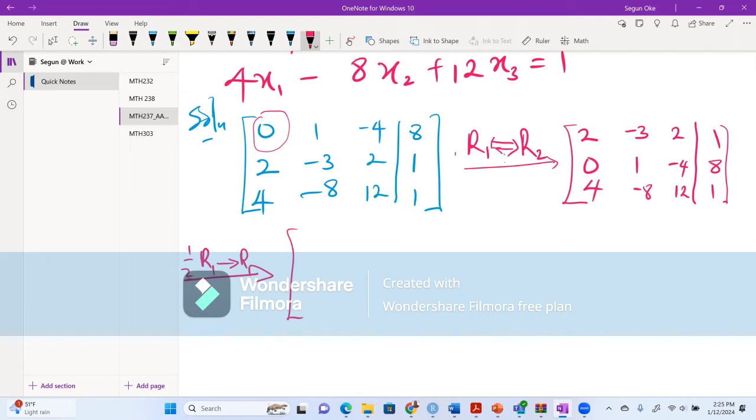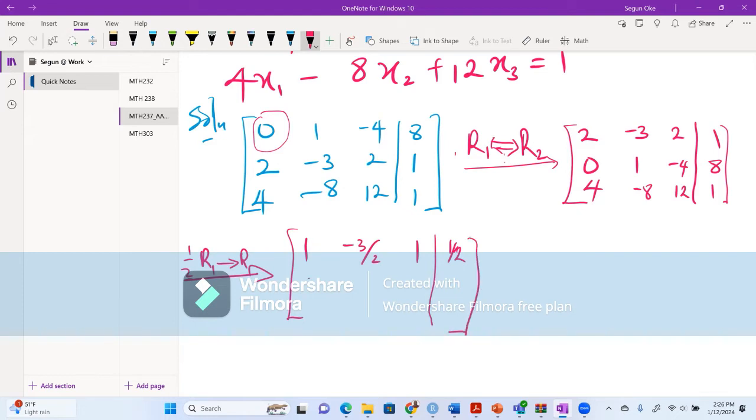It's going to be 1, -3 over 2, 1, and the last one will be 1 over 2. Don't be afraid of fractions. It will pay off at the end of the day.